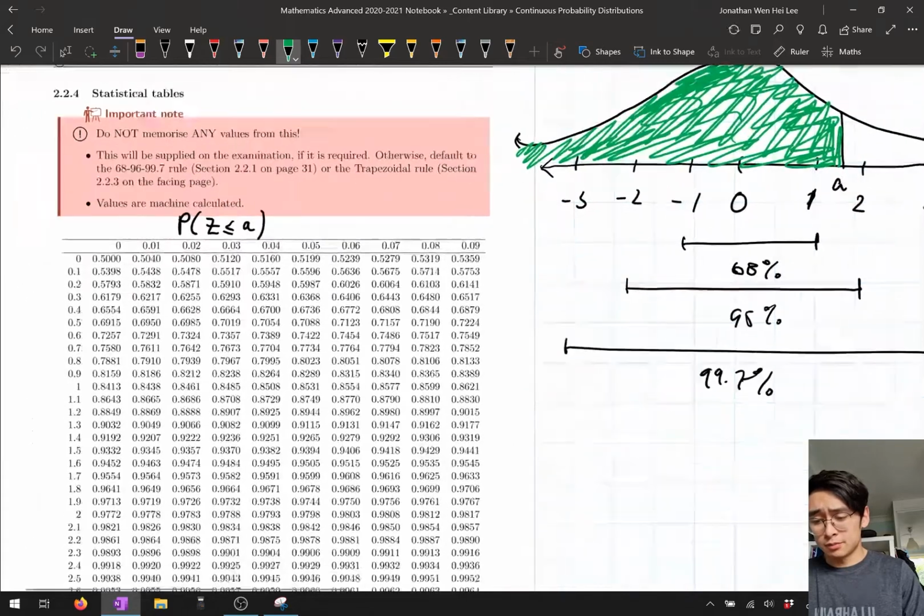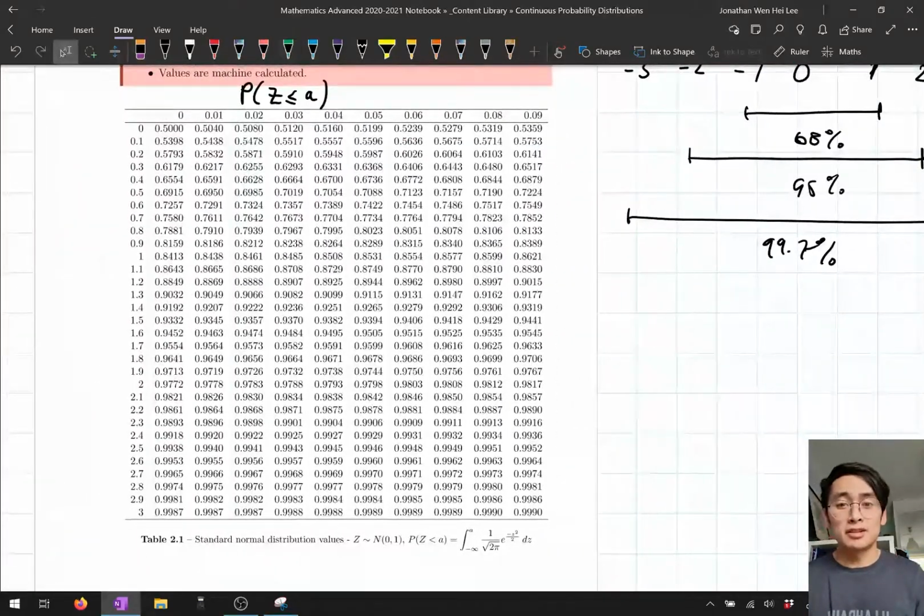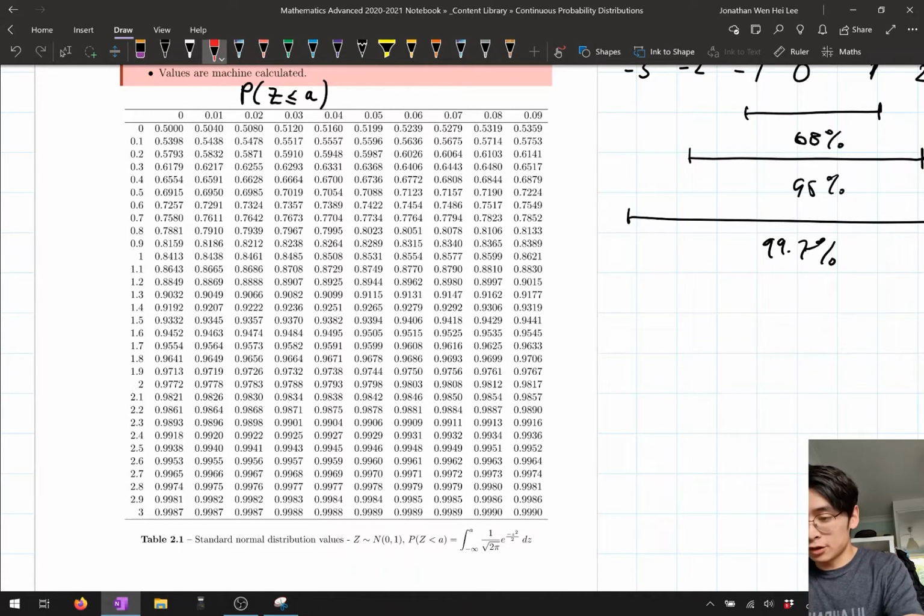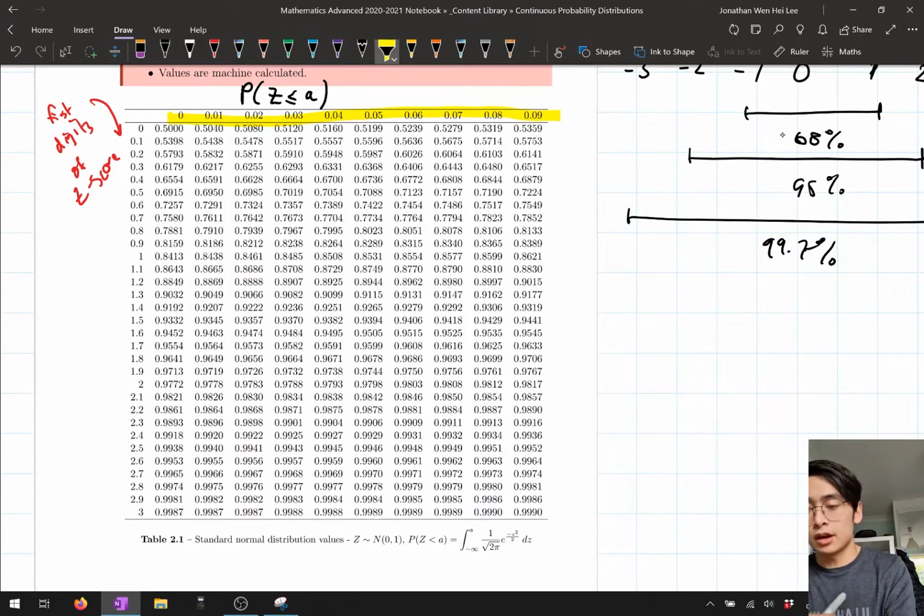Now the way we do this is, the table is made up of a vertical first column and a horizontal first row. The first column here gives the first digits of my z-score, and the top row gives the second decimal place of your z-score.